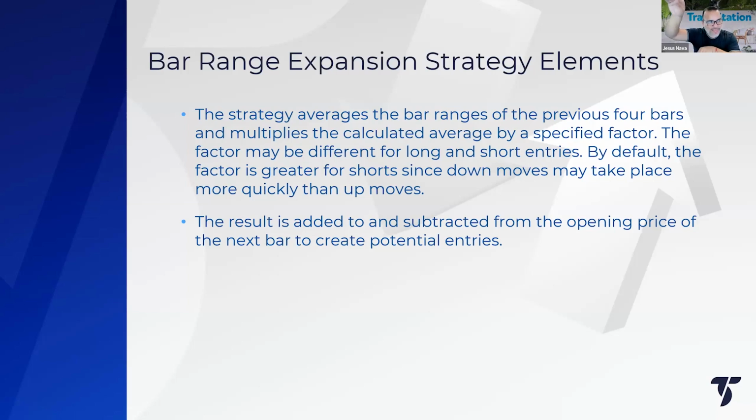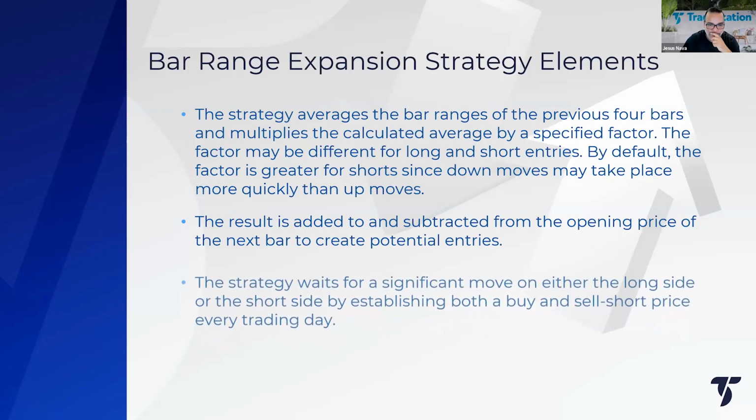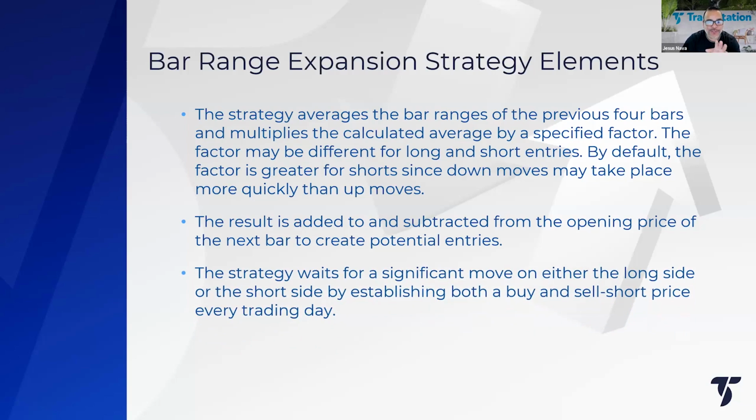So we have those levels already specified, and what we're waiting for is for the price to break those levels. We're going to take a look at a chart, look at specific price examples so that this makes a lot more sense. So the strategy is going to wait for a significant move on either the long side or the short side by establishing both a buy and a sell short price every trading day.